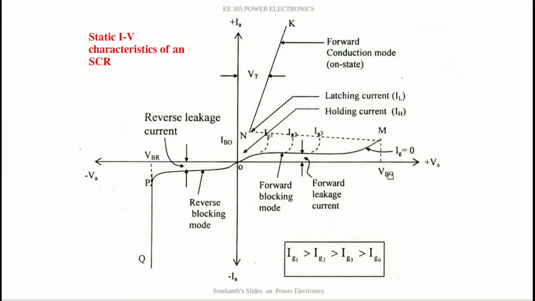VBO stands for forward breakover voltage, whereas VBR stands for reverse breakdown voltage. And there is forward conduction mode also, which is also known as the on state. We will get to know what these are while explaining the static IV characteristics.